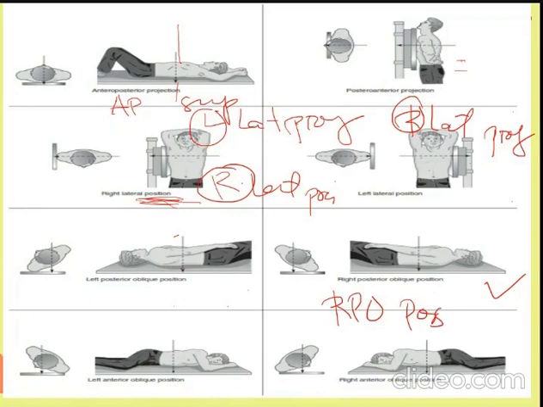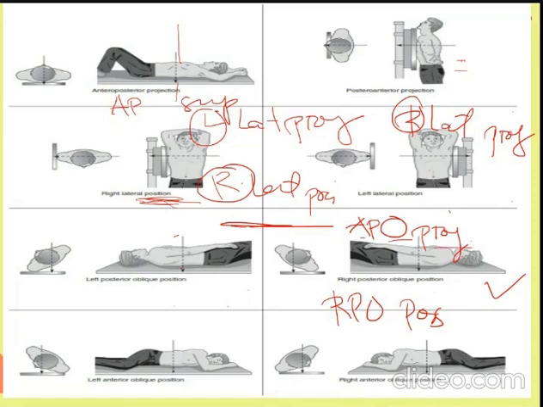AP, Doc. Correct. So both of these, they are AP oblique projection. Don't just say AP projection. When we say AP projection, the patient is either supine or prone. So we have to be specific: AP oblique projection.